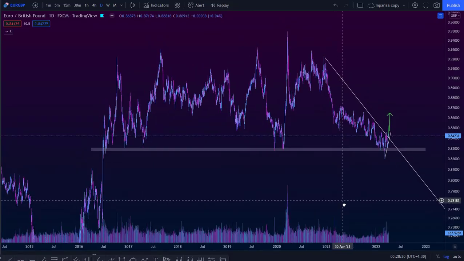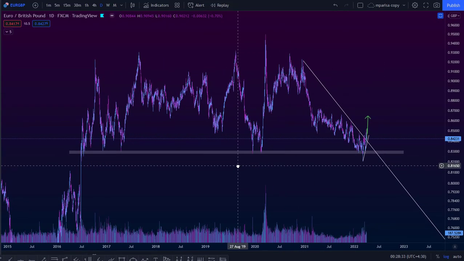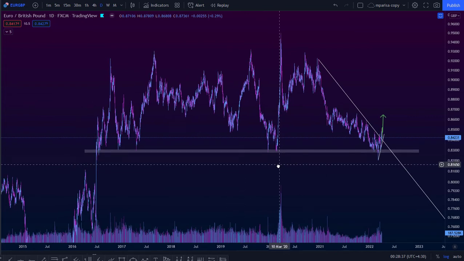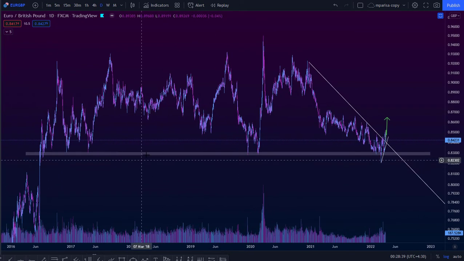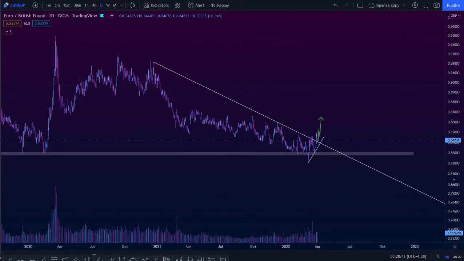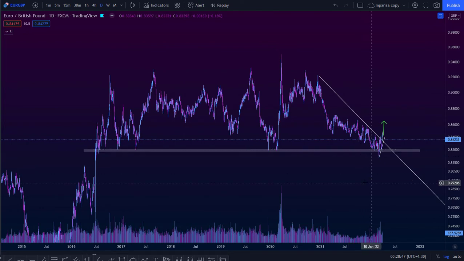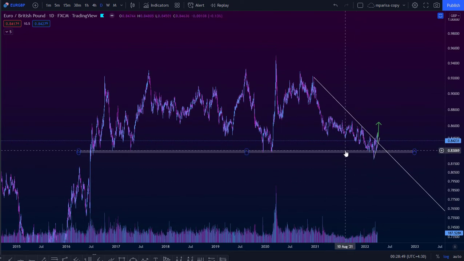But moving on Euro GBP, as I told you I think it was 3 or 4 weeks ago, I told you that we get this static area plus this trend line, and I told you it doesn't matter which one of these are going to be broken. If the static area was broken, start looking for short trades. If this trend line was broken, start looking for long trades.